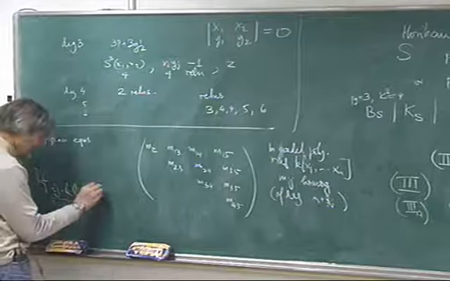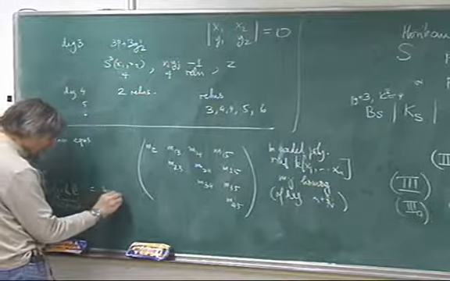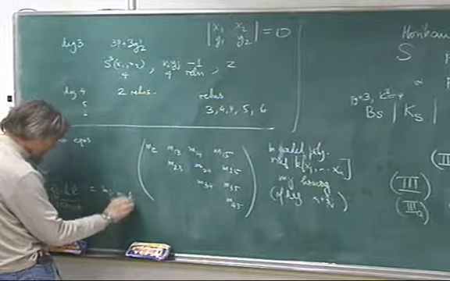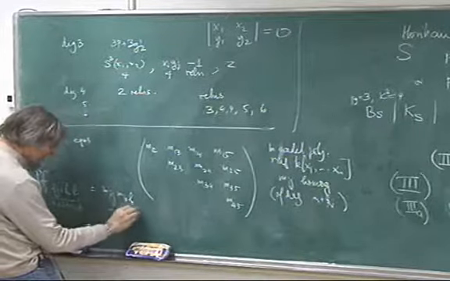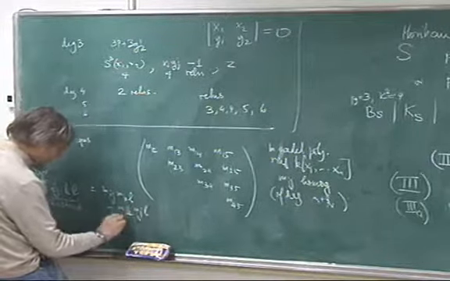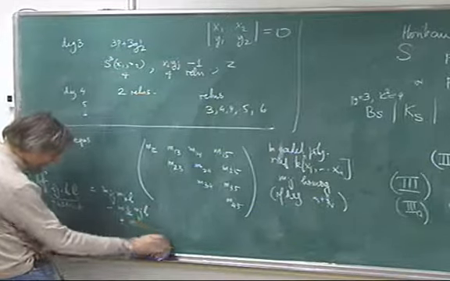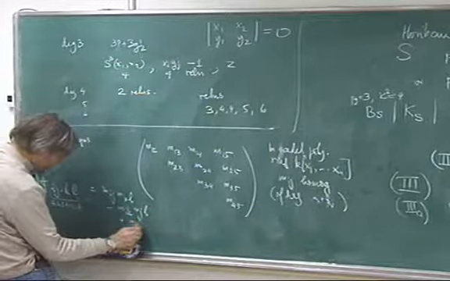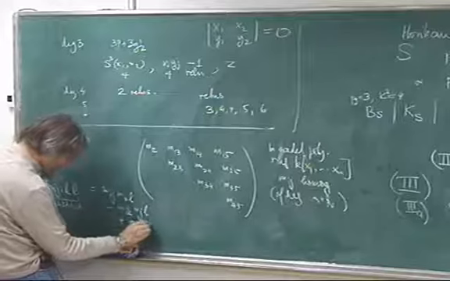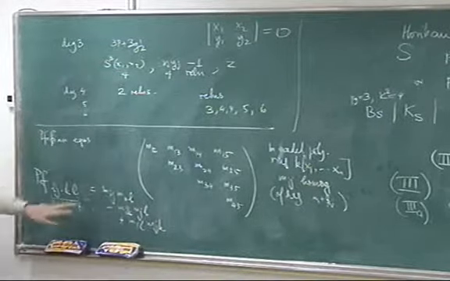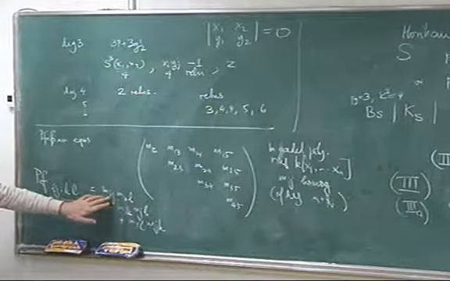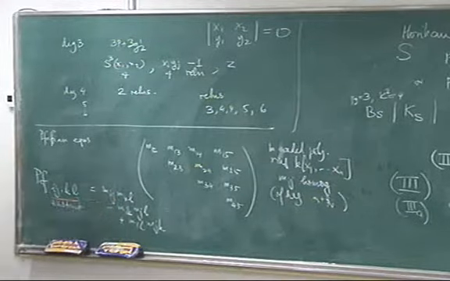So this is M_IJ M_KL minus M_IK M_JL, and then plus M_IL M_JK. Okay, so the thing I'm writing here is I'm doing this.